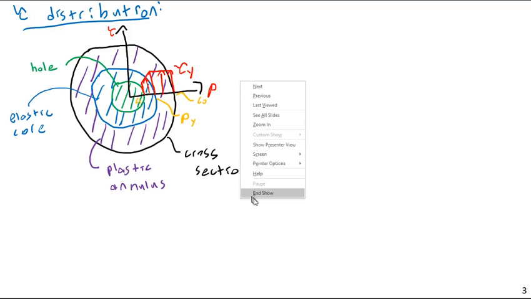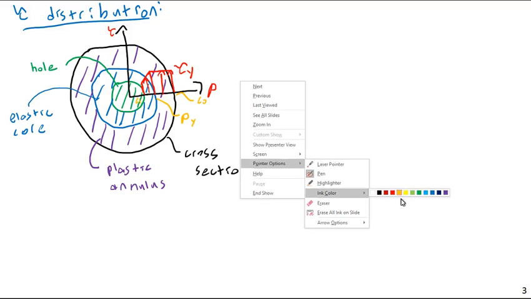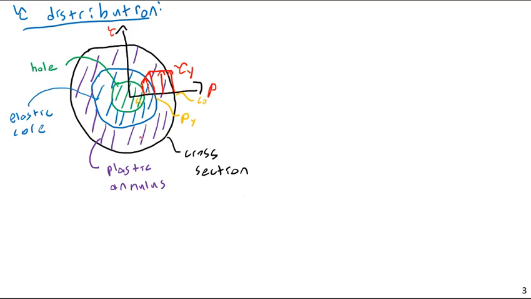All right, and then something to note is that throughout the plastic annulus, in this entire outer ring, tau will equal tau yield. In other words, the shear stress is going to be equal to the yield stress. In the middle ring here, we're going to have a linearly increasing shear stress.